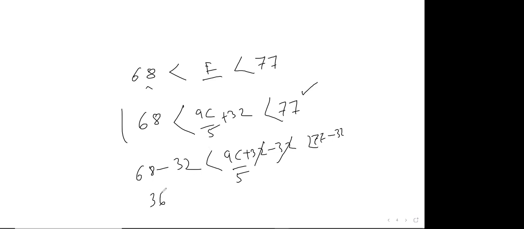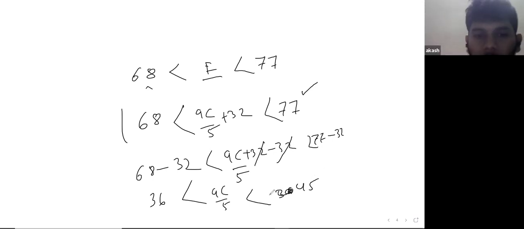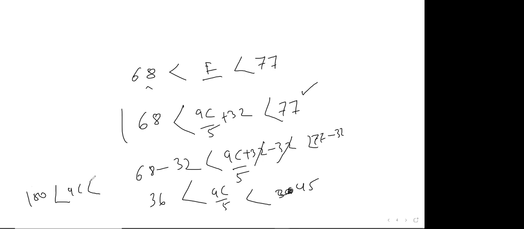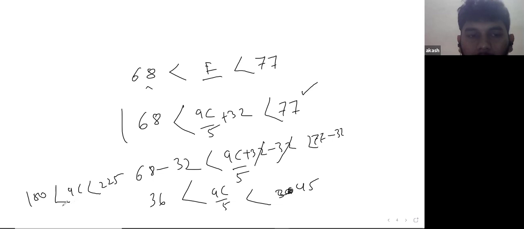This is 36, and this is 45. Now multiplying by 5 on all sides, this is 180, 9C, and this is 225. Divide by 9.